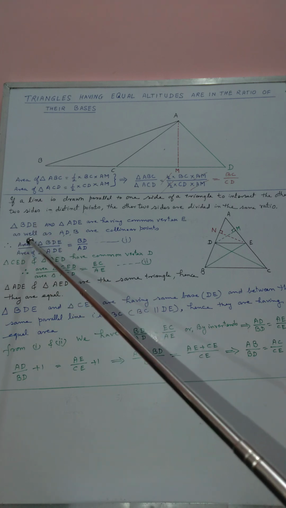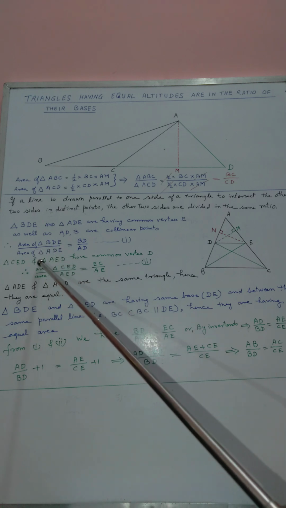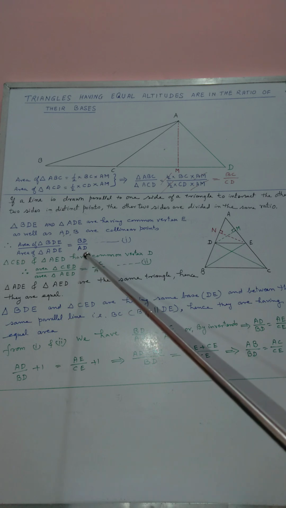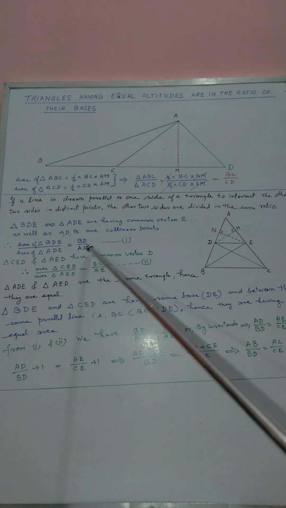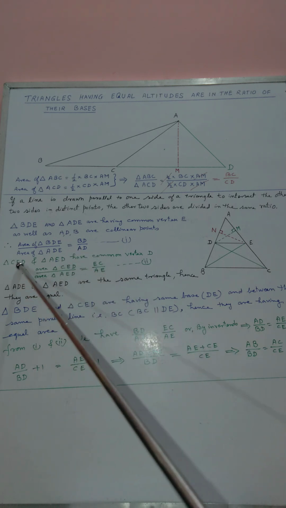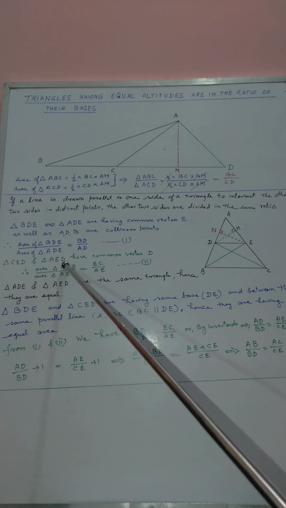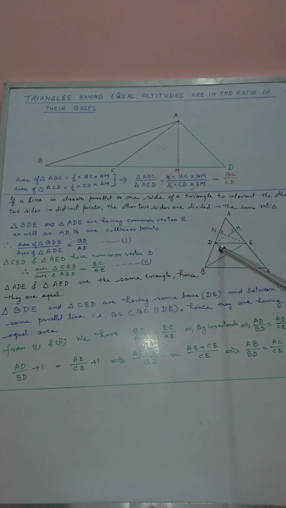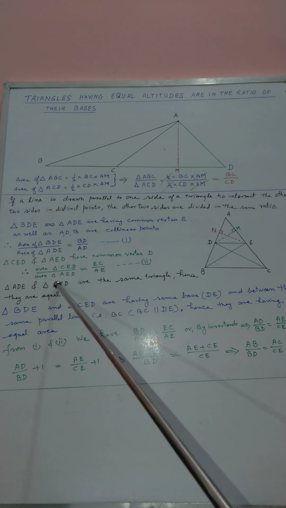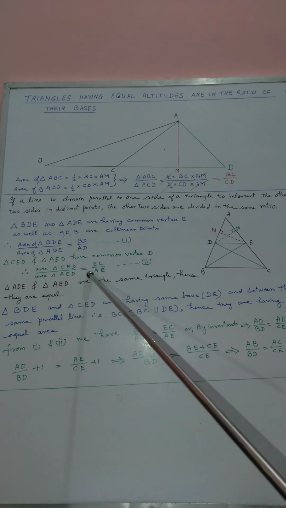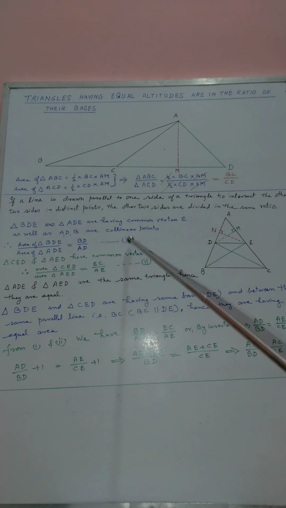Now you see, here again I have area of triangle BDE upon area of triangle ADE is equal to BD upon AD. Means BD and AD are the bases. Now similarly, area of CED and area of triangle AED have the common vertex D. In that case also the area of CED upon area of AED is equal to EC upon AE. This will be our second equation.